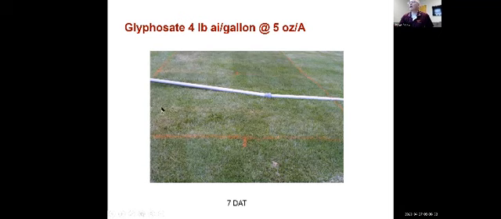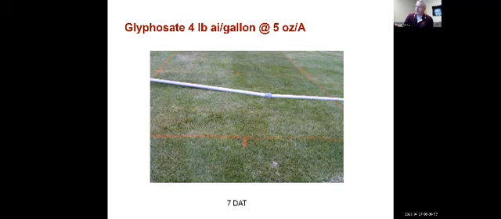And what you're looking at is, if you look just behind the orange line in the front there, the first 4 feet behind that, which is in front of the irrigation pipe, running left to right, is a strip that was treated with glyphosate 7 days prior to the image being taken.